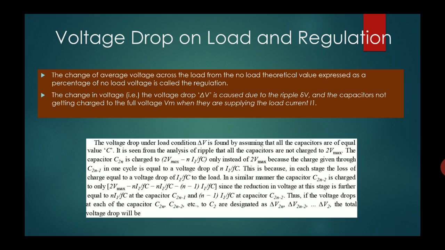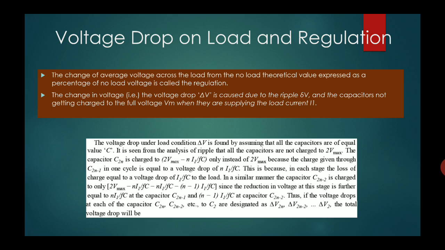So we are not getting 2 Vmax, rather a value lesser than 2 Vmax, because the charge given through C2n minus 1, that is the capacitor just before that, in one cycle is equal to a drop of voltage of n I1 by fC. This is because in each stage the loss of charge is equal to the voltage drop of I1 by fC to the load at every stage. So you can see that at every stage there is a voltage drop of I1 by fC.